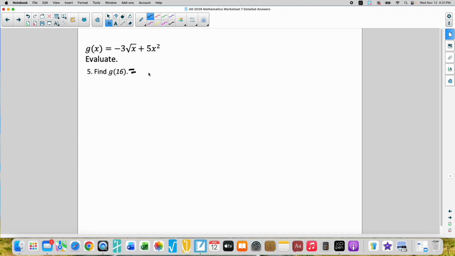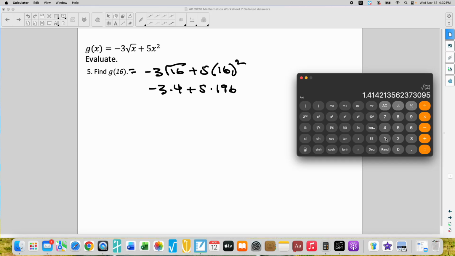G of 16, negative 3 times the square root of 16 plus 5 times 16 squared. Negative 3 times 4 plus 5 times, that's got to be, what is it, 196. I'm going to say 196. Let's check it out. 16 squared equals 256.